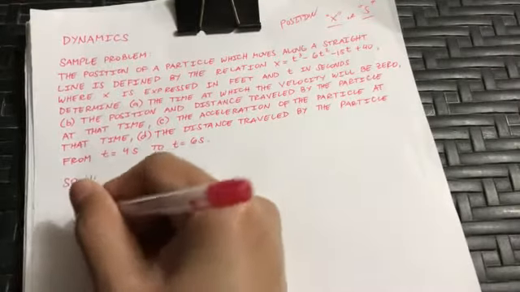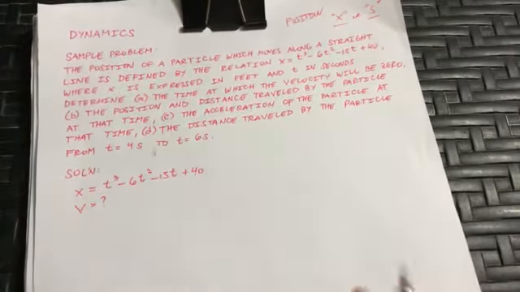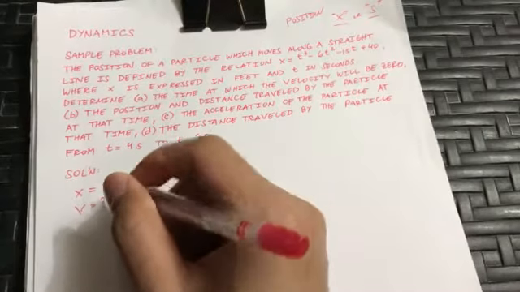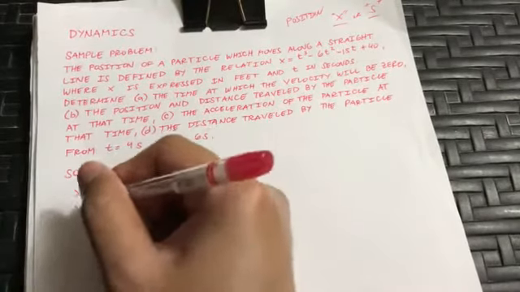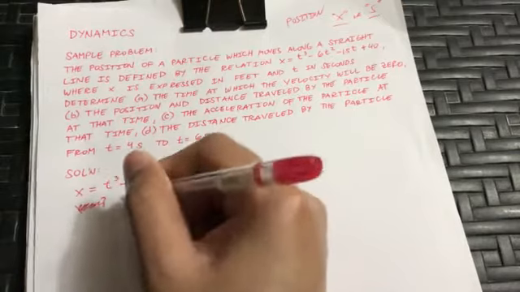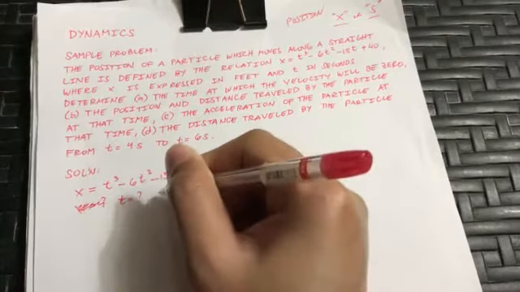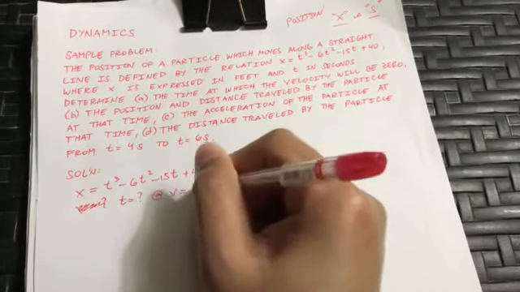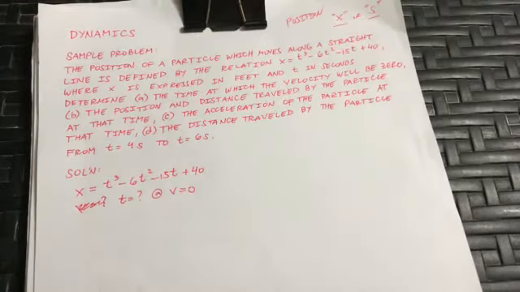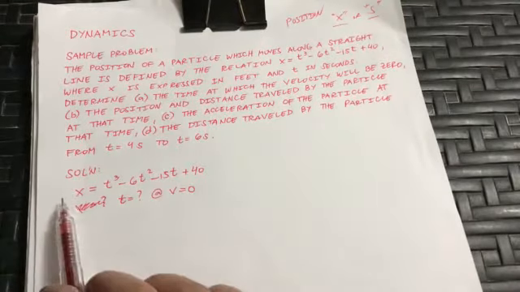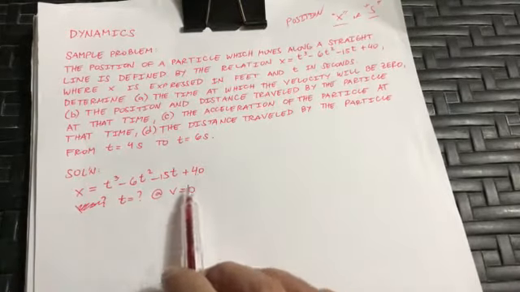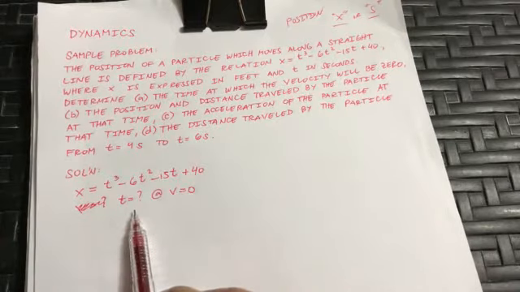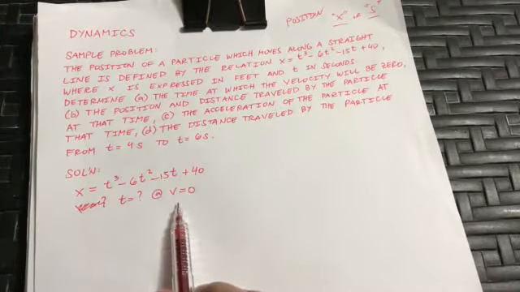Therefore, we need the time at which velocity is equal to 0. We have our position equation, and we are asked for the time when the velocity is 0.